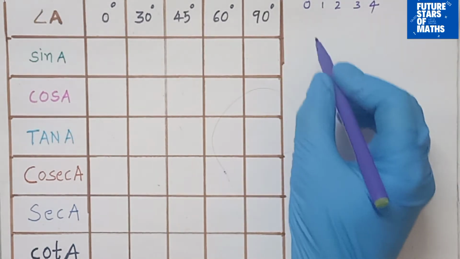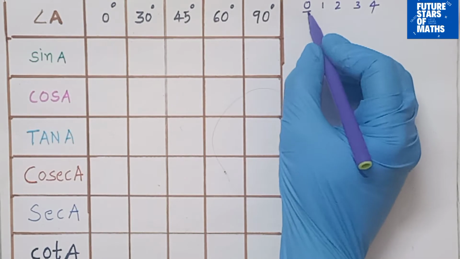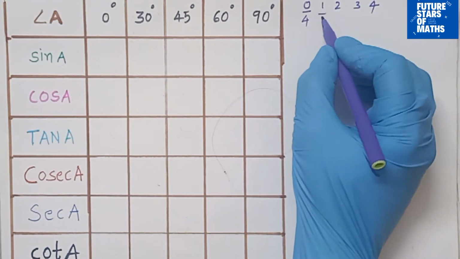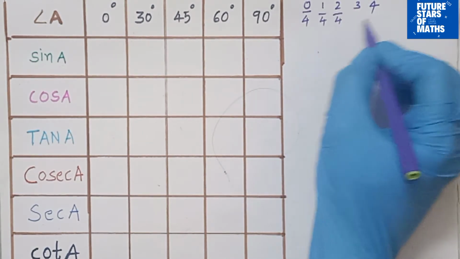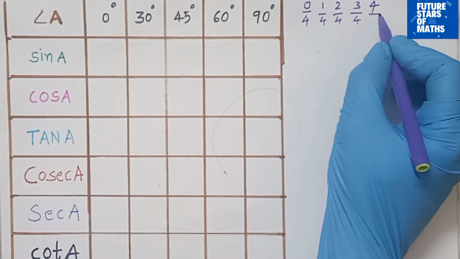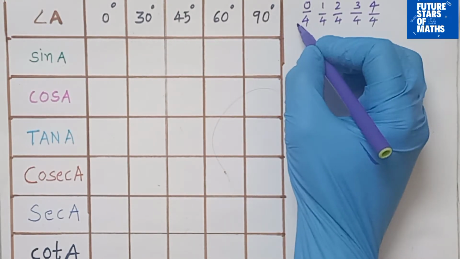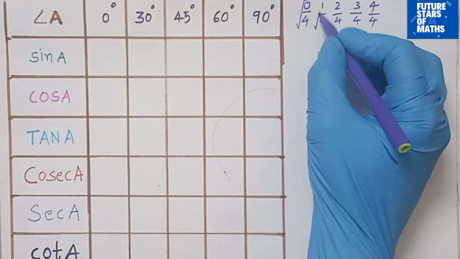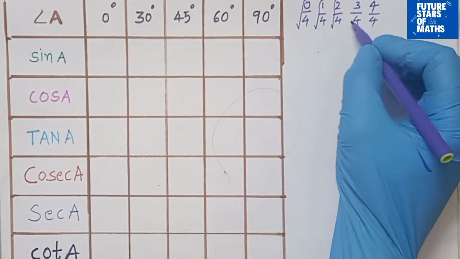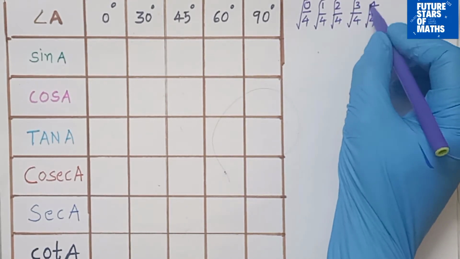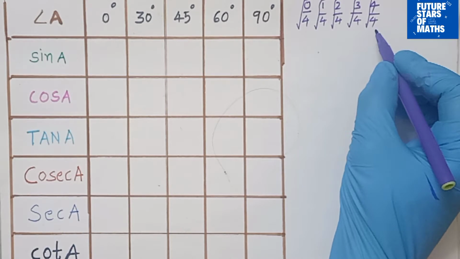After writing this, divide each number by 4. Then write the square root on each, to the numerator and also in the denominator.